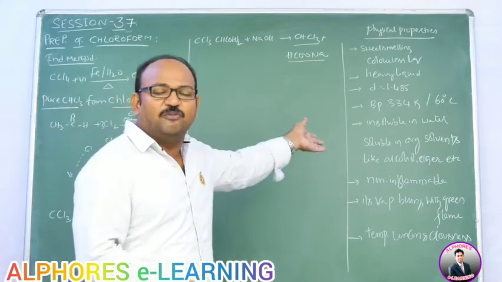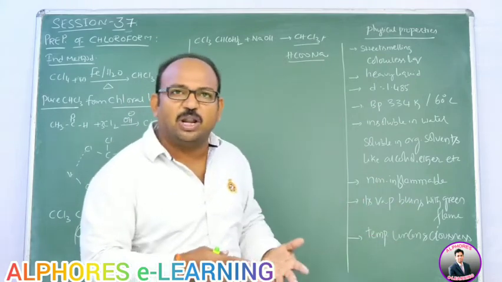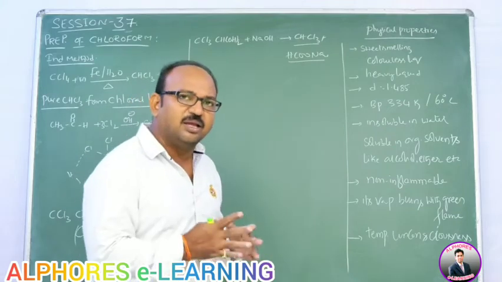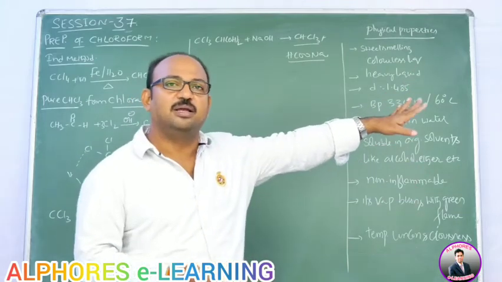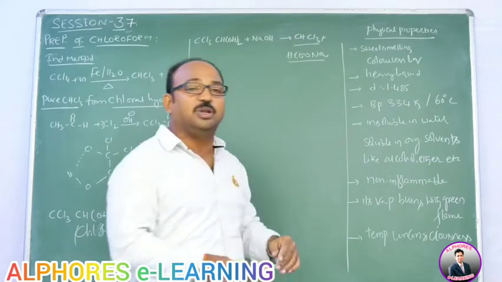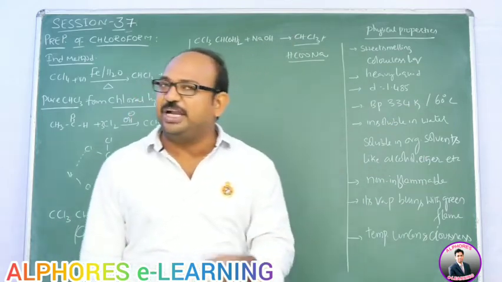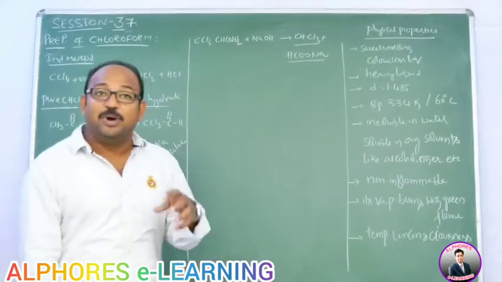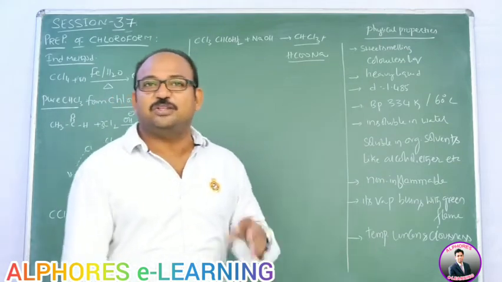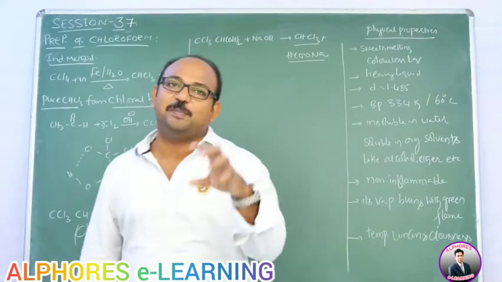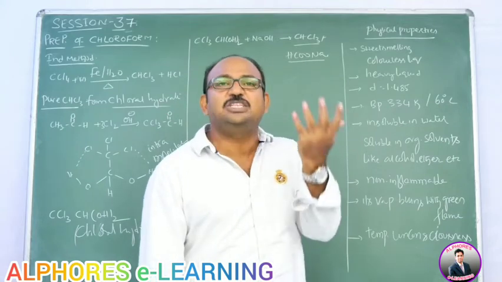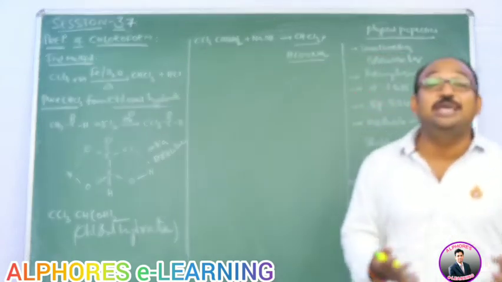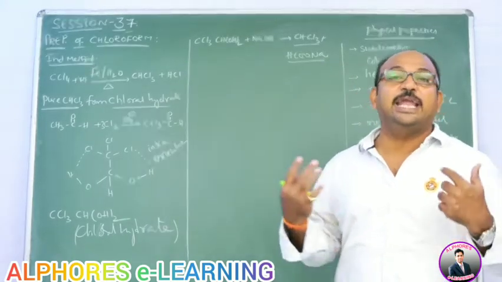Here chloroform is non-polar, so it is preferably soluble in organic, non-polar solvents like alcohol, ether, etc. And chloroform, being a liquid, is non-inflammable, but its vapors burn with a green-edged flame, which means it gives a green colored flame.